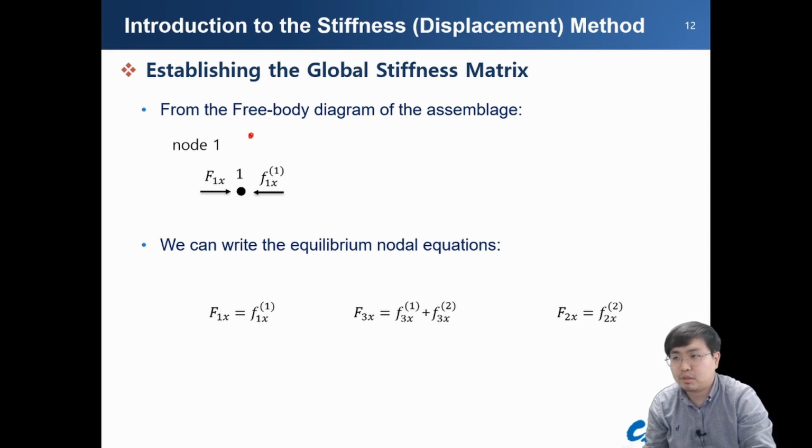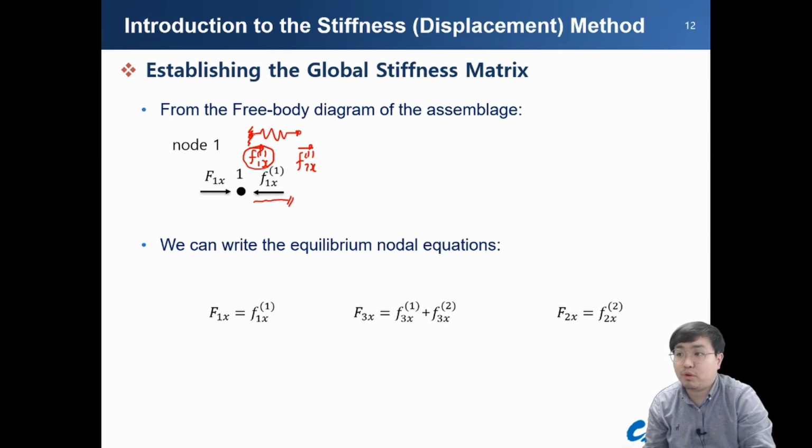However, in the previous element, we normally define local force variables, and here we also define those kinds of force variables. But from the point of view of the nodal point, it feels the resultant force.